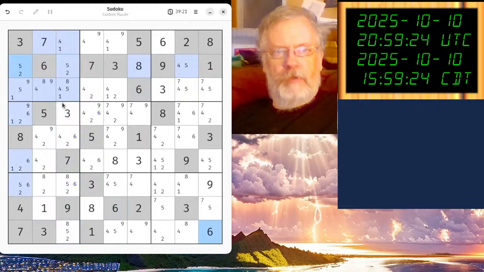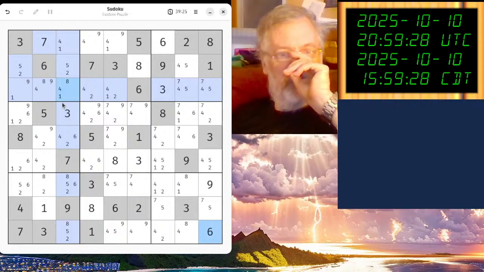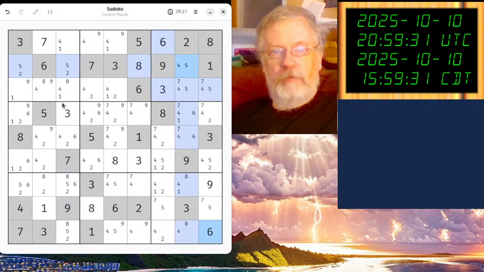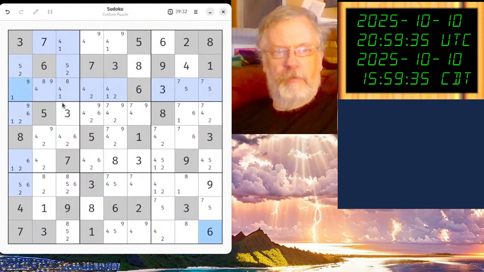So now I got a 5-2 pair here, so that can't be a 5, that can't be a 5. This becomes a 4. So now I got a 7-5 pair here, but I don't have any 7s for it to block. All right.